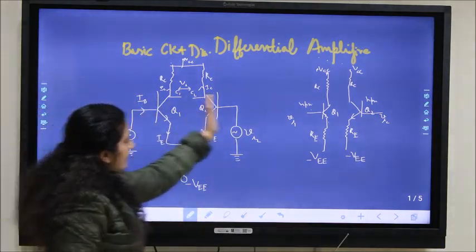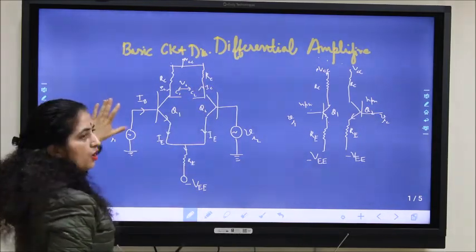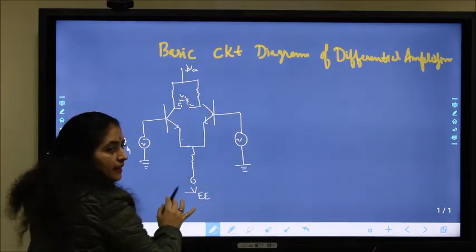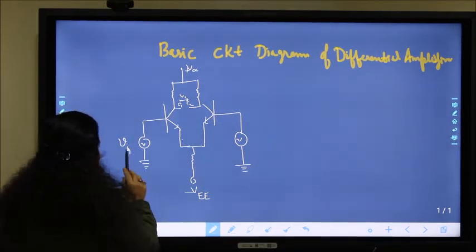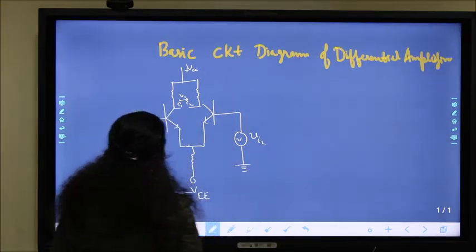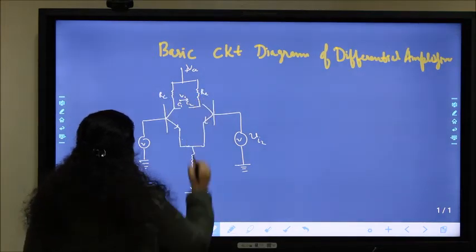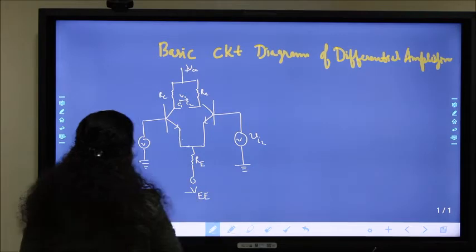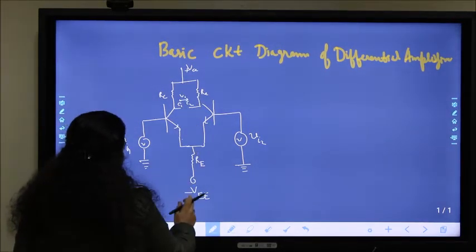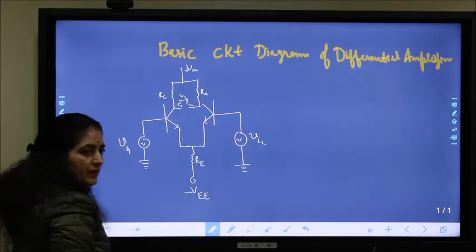Now we directly couple these two amplifiers, and this is the basic circuit diagram of the differential amplifier in which we have two inputs, VI1 and VI2. This is the emitter resistance which is common to both transistors. These are two batteries, DC voltages plus VCC and minus VEE.